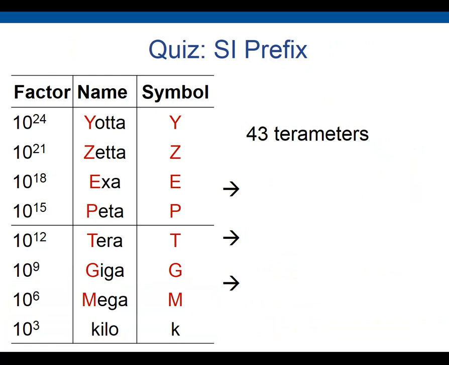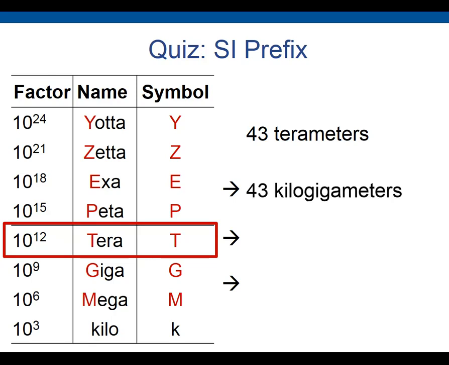Here are some examples you need to avoid. For example, 43 terameters. What's the issue? First, we cannot combine two different SI prefixes to express this number, for example, 43 kilogigameters. It doesn't make sense.